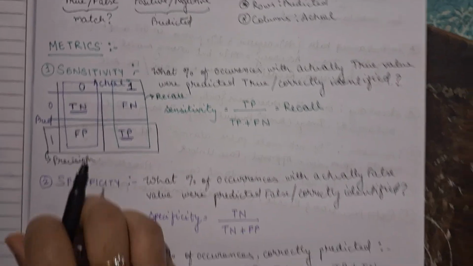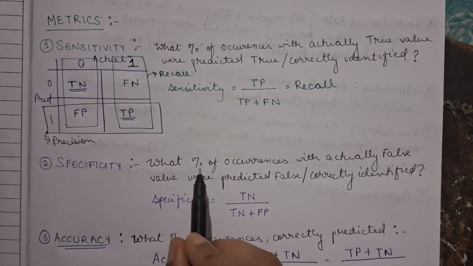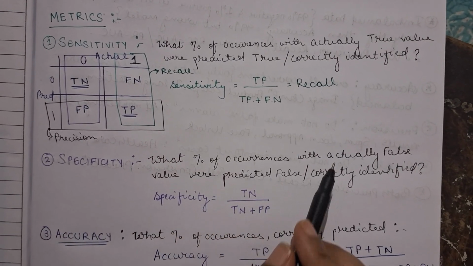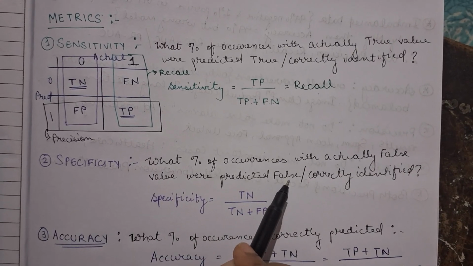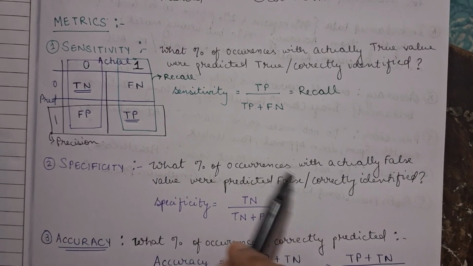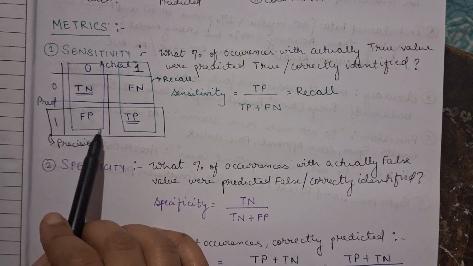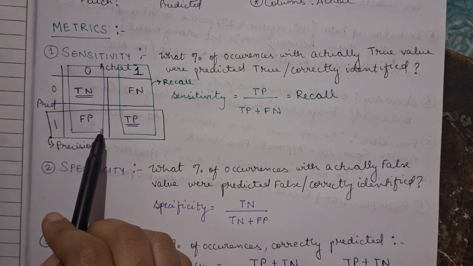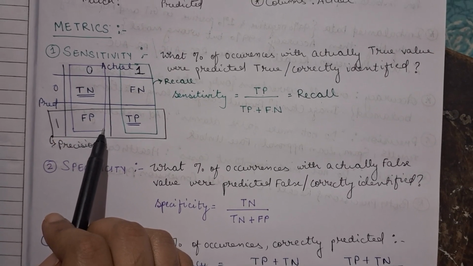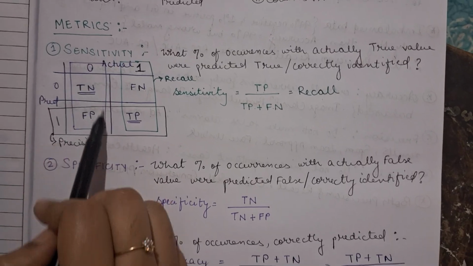Similarly, the second metric is called specificity. Here, what percentage of occurrences with actually false values were predicted as false, or predicted correctly. So here we look at actually false, in the ground truth those that were 0, or the customers that did not stay in the system.